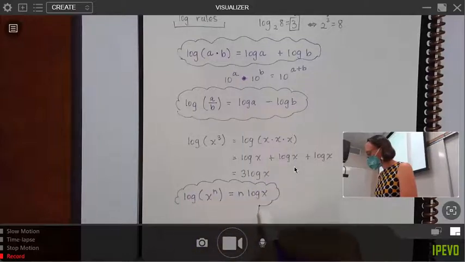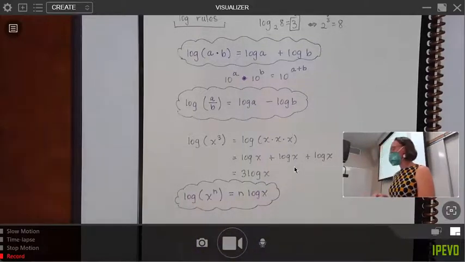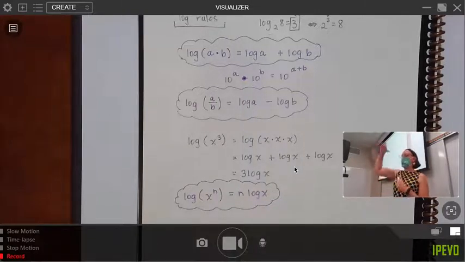And this last one right here, we use this a lot in calculus because it's one of the tools that we have to pull exponents out of the exponent and be able to work with them. Okay, these are our 3 log rules. Oh, question? For the third one, is it a special step for us to get the n to the front, or does it just automatically go to the front?